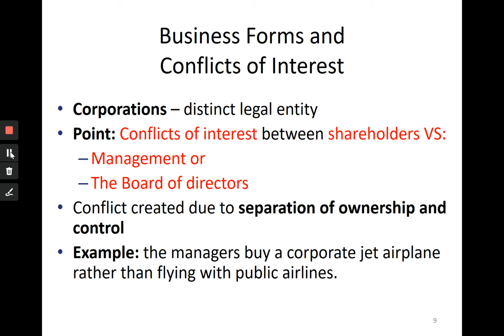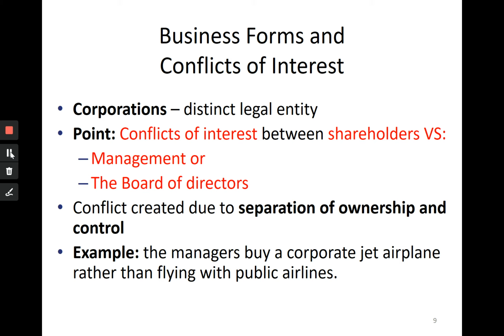Therefore, the management who appoints the selection committee that chooses the board members has quite a bit of influence. If there is a board member that does not go along with what the manager wants, that board member may not be appointed to the board again or to other boards.